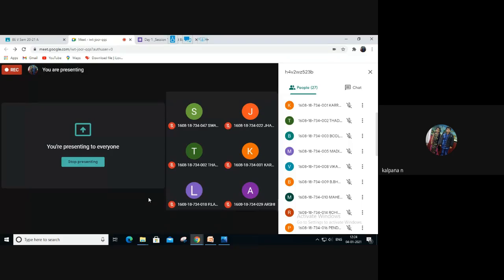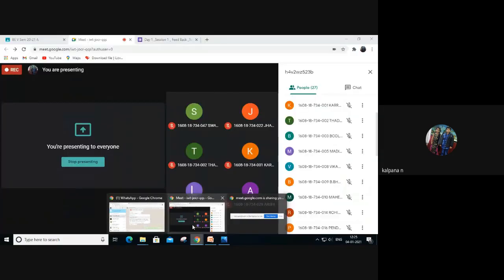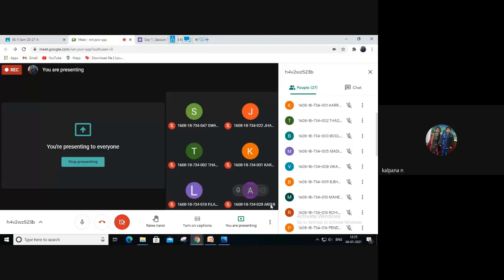Software means, in order to make that circuit work, we need to design and write some program. That is the software. This is called interfacing. Understand? And what are the pins we need to connect before interfacing to the processor?